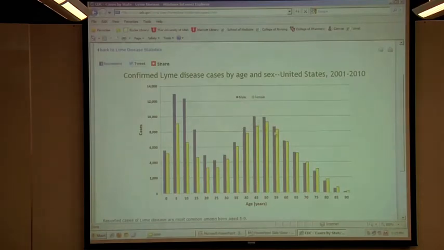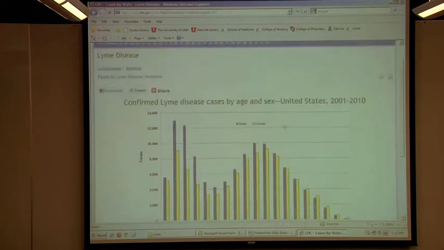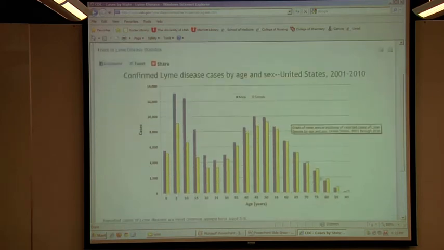Now right here around 45, there's another little peak. I don't know if 45-year-olds are out hiking more often. Also, one thing that I noticed right down here on the bottom part of this, males actually have more cases than women, except when they get older.